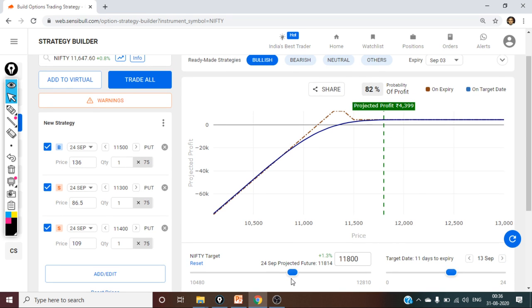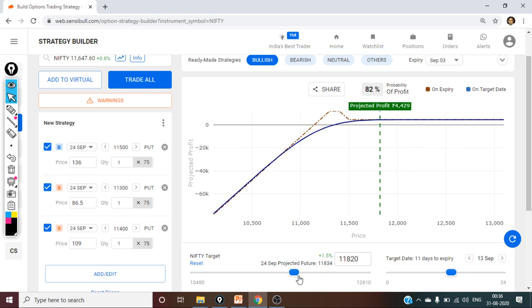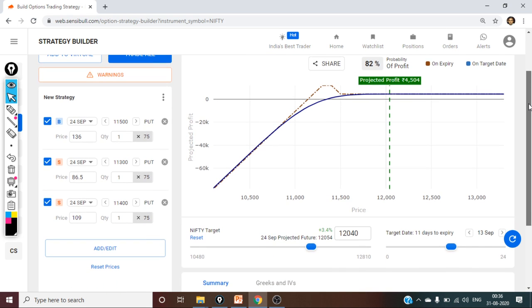Now you can see if the stock moves in the upward direction, we are going to make 4,000 rupees. So Nifty is bullish, Nifty is moving upward, and now we are going to make money. Our probability is converting to 82%. That means there is an 82% probability that this credit portion will expire worthless.